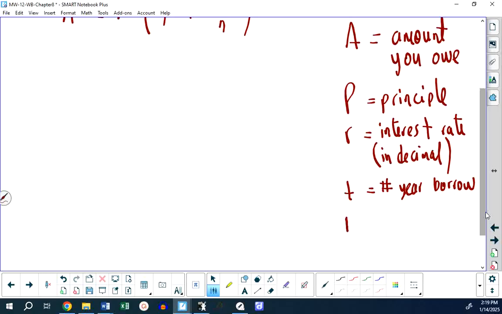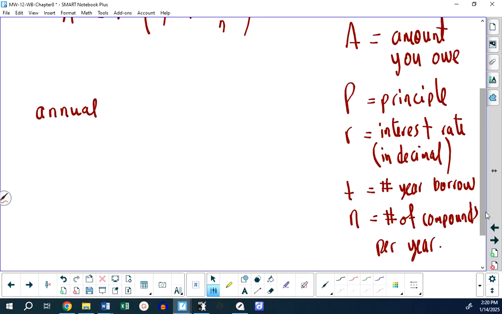And N, this is the one that I think most of you kind of struggle with. N is the number of compounds per year. What do I mean by that? It's how many times interest is collected or added to your account every year. And you need to know the following ones. Annual, N is 1.